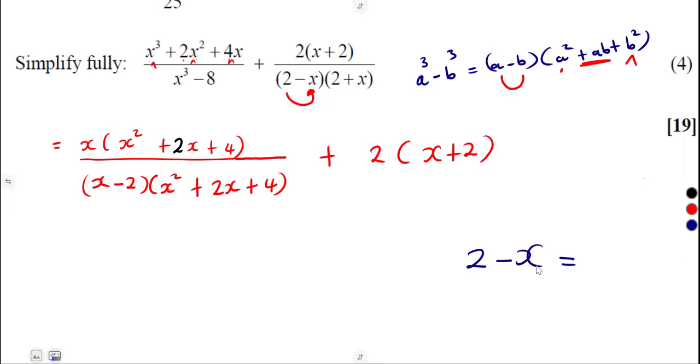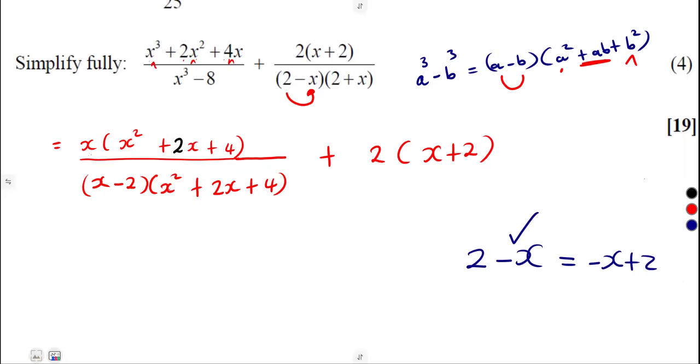Yes, it can be done. It'll be minus x plus 2. It is the same. We haven't changed anything. A plus B is the same as B plus A, as long as you are maintaining the sign as it is there. Minus x, minus x. Positive 2, positive 2.